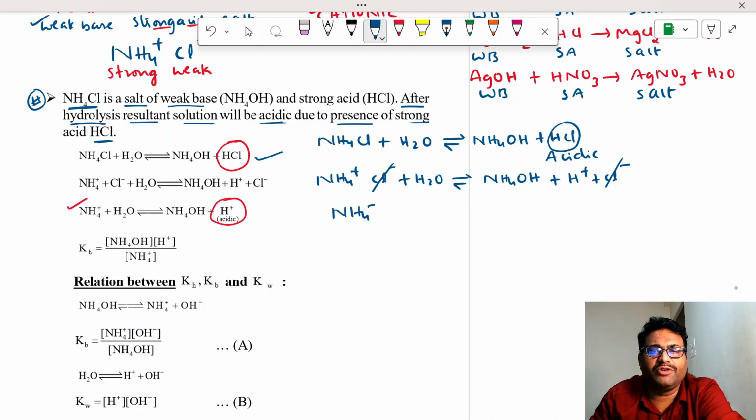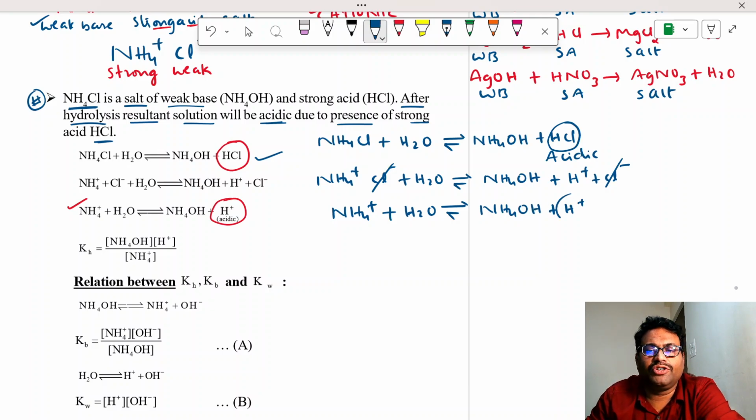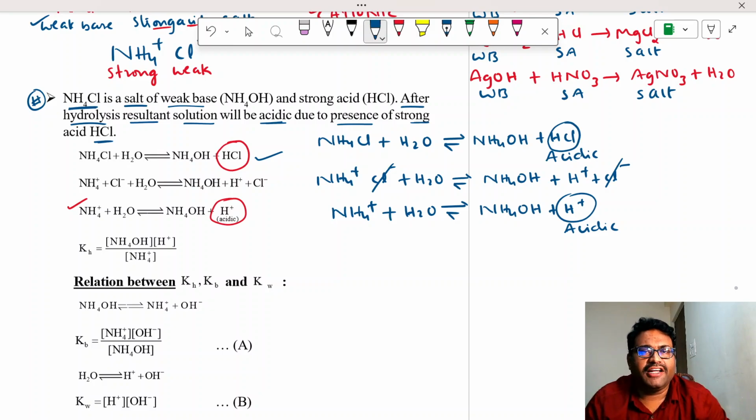Actually, who is reacting? NH4 plus reacts. So NH4 plus is reacting with water to give you NH4OH plus H plus. Due to this release of H plus into the solution, it is acidic. The nature of the solution will be acidic and the pH of the solution will be less than 7. Understood?